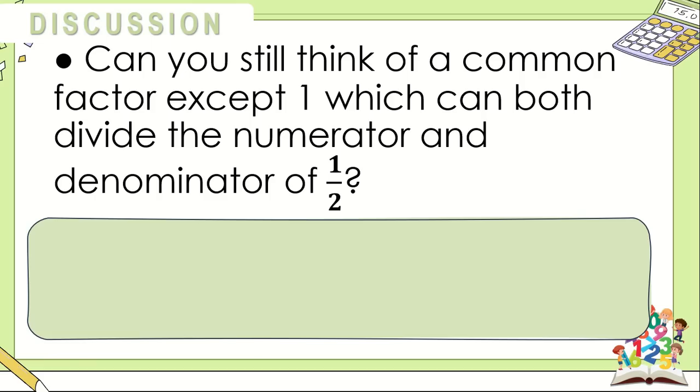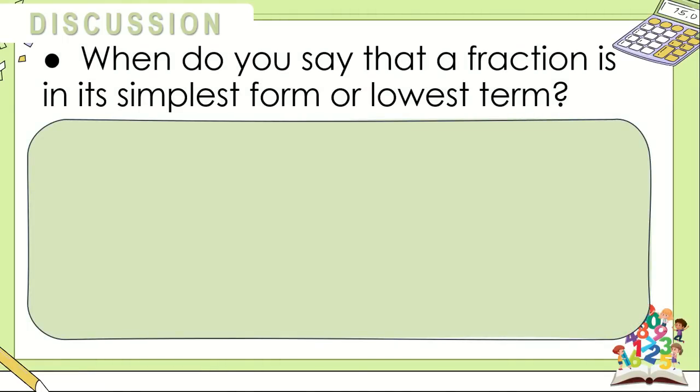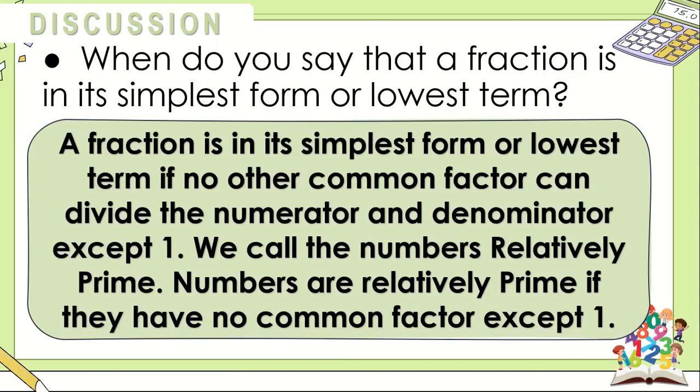Can you still think of a common factor except one, which can both divide the numerator and denominator of 1/2? You're right, none. When do you say that a fraction is in its simplest form or lowest term? You're right, a fraction is in its simplest form or lowest term if no other common factor can divide the numerator and denominator except one.